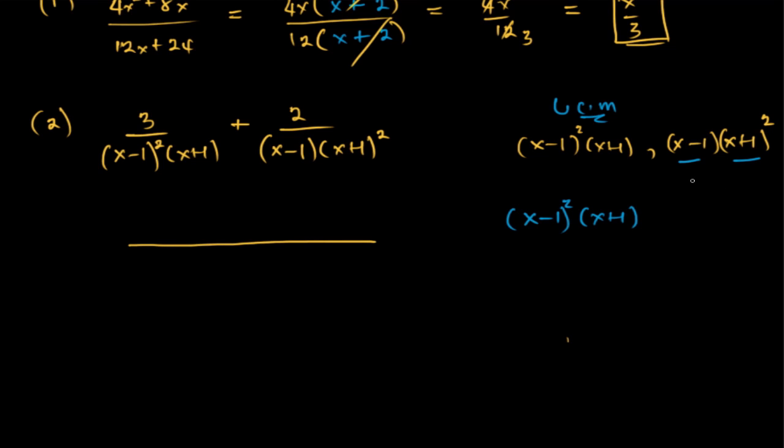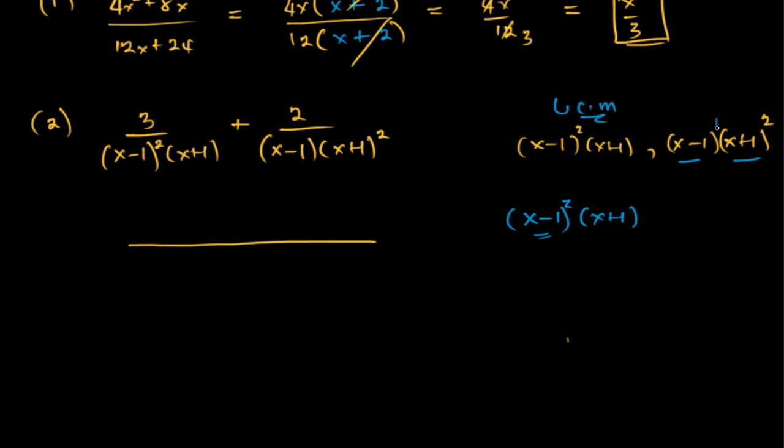Now the next thing you do is you begin to compare each of these terms with what we have left. If it has a twin, then you retain the one that has the highest degree. But if it does not have a twin, we multiply by the resulting polynomial. Now what we have here is x minus 1, and we have x minus 1 here.